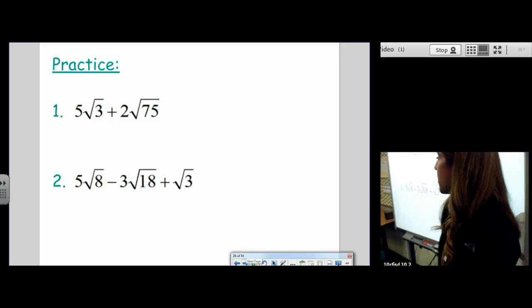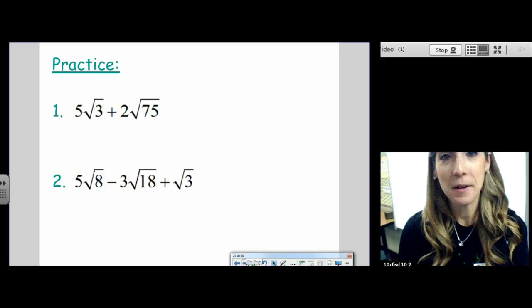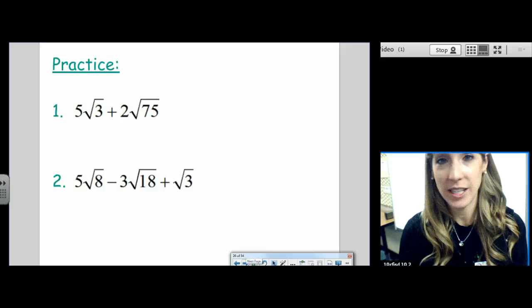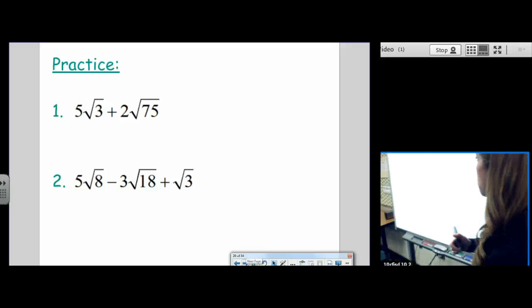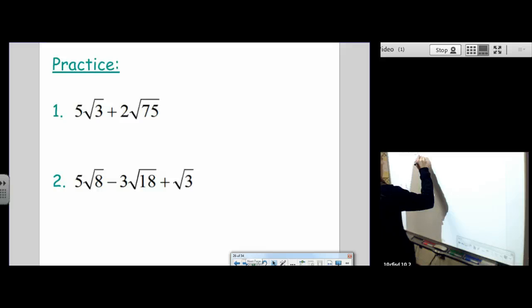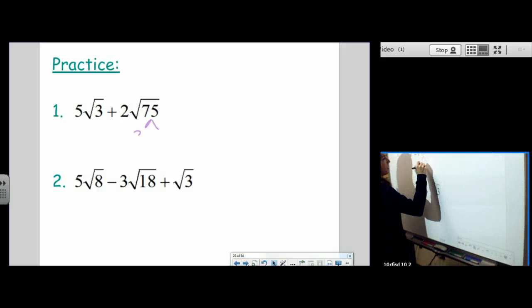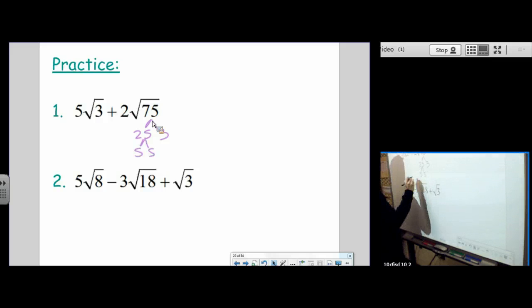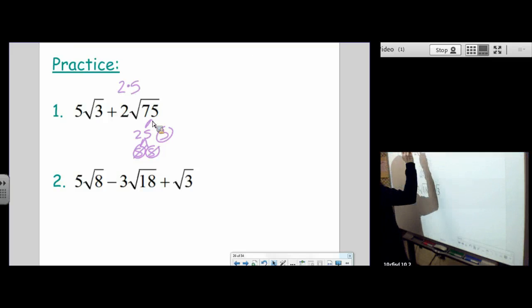Okay, now, the thing is that sometimes I will give you radicals that are not fully simplified. So we're going to have to do some work to this one before we can add these together. So this is not 2 root 75. This is 2, let's see, a 5 escapes and a 3 is left over.